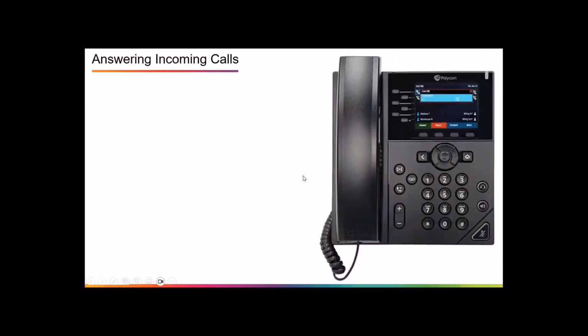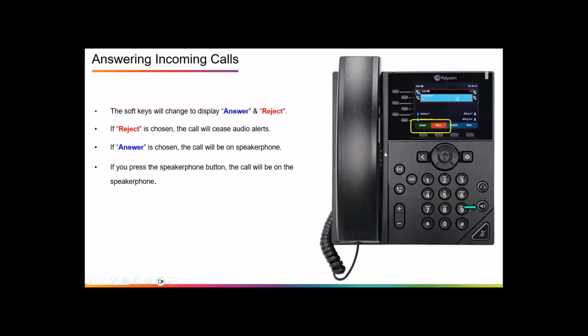Now, when answering calls, you have options showing up on the soft key. So if you press answer, the call goes to your speakerphone. If you press reject, the ringtone will cease, but you will still see the incoming call on your phone screen, on your line view. All right.